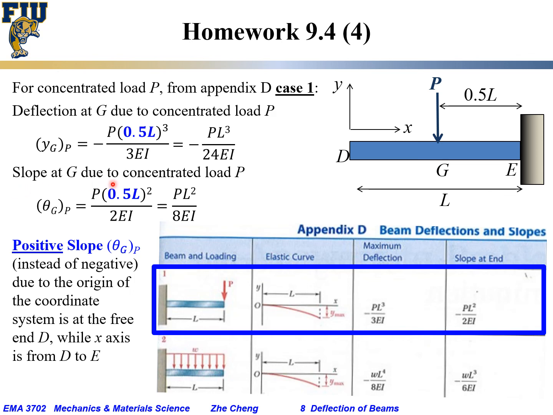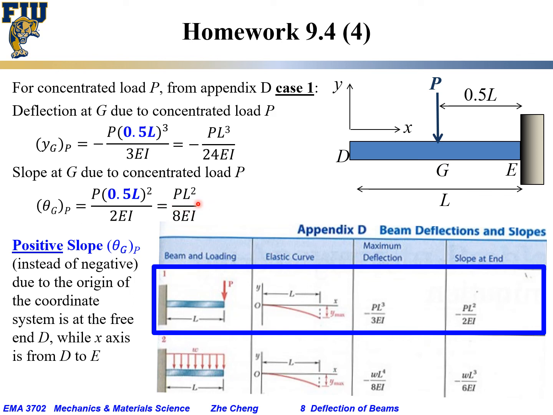Similarly, the slope at the G point, not at the D point, due to the concentrated load is also related to here. The slope at the end would be PL squared over 2EI... PL squared over 3EI with a negative sign here, but because of the way it deformed and the way we define our equation, it will be positive.